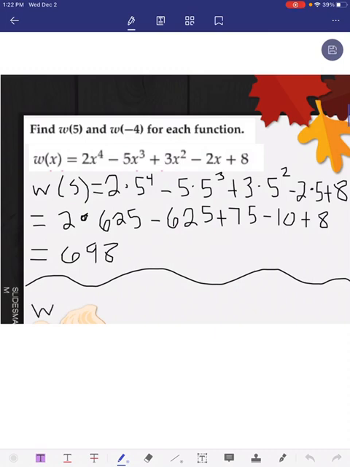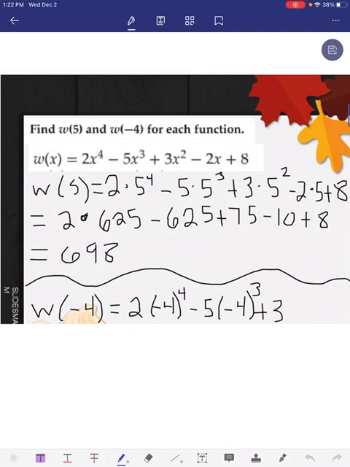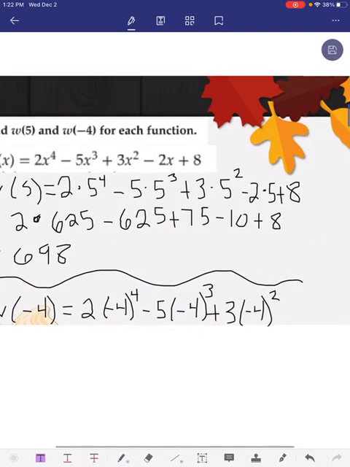Alright, next up for part B, this time we're looking for w of -4. So again, just replacing all of my x's with a -4. We are going to need to be careful with that negative, because remember, when we plug things into our calculator, it does not automatically square a negative correctly.